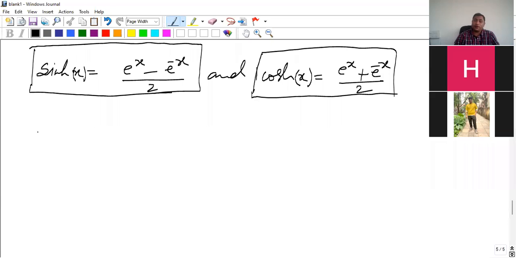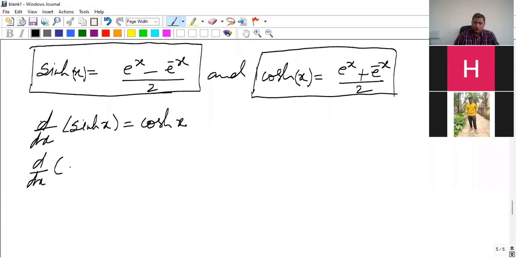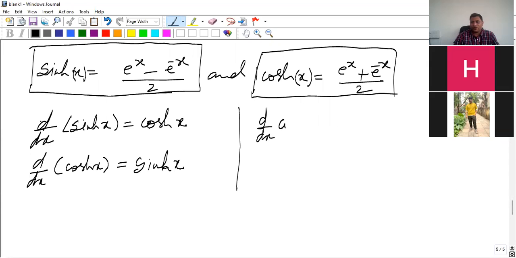Moreover, we have to be careful with the derivative. d by dx of hyperbolic sine x is hyperbolic cos x. You can verify. And d by dx of hyperbolic cos x is hyperbolic sine x. So in hyperbolic functions you won't get a minus, as in trigonometric functions.